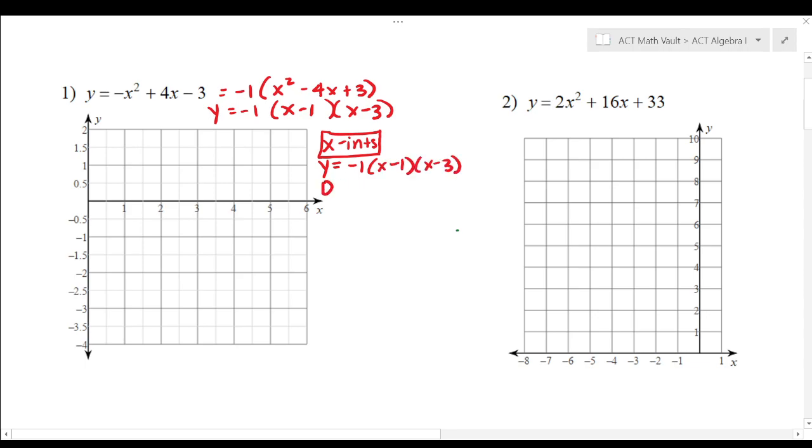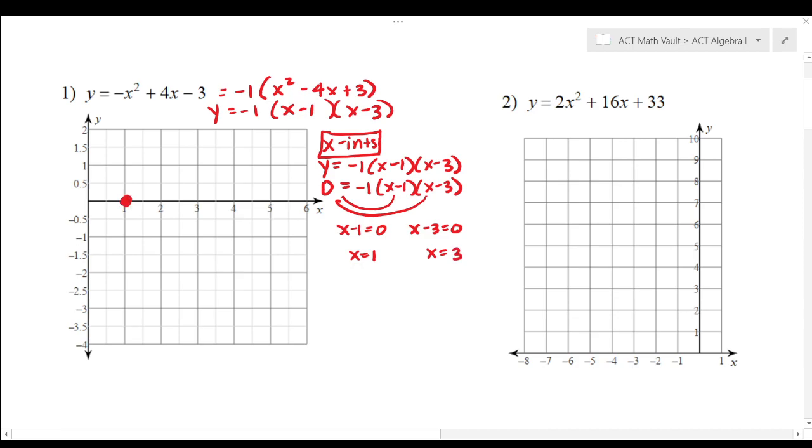I'm going to sub in a 0 for the y when I'm trying to find the x-intercepts. And we get 0 equals -1, x minus 1, x minus 3. Now, to figure out what x would equal, if the whole thing equaled 0, then surely one of those three pieces would have to be 0. So I'm going to set the x minus 1 equal to 0, the x minus 3 equal to 0, and I get 1 and 3.